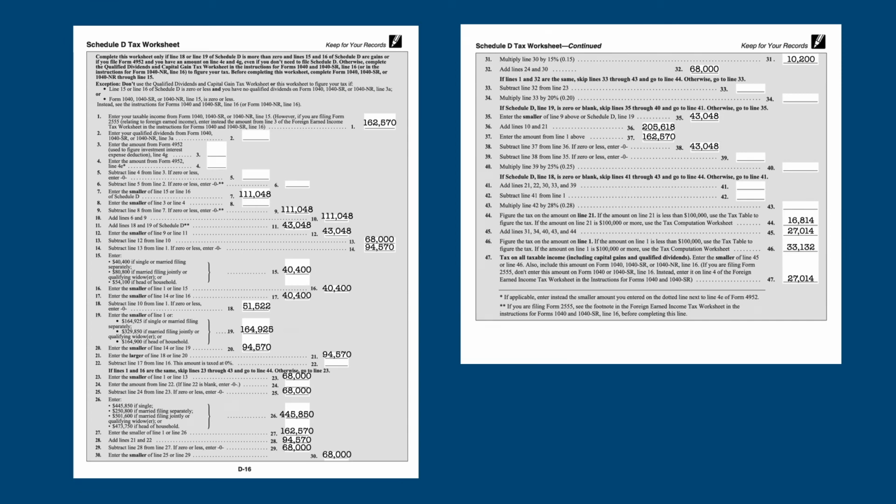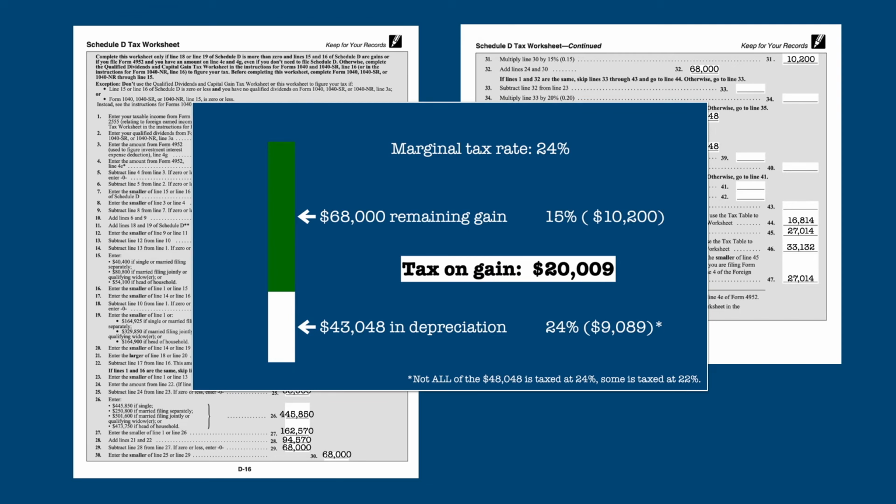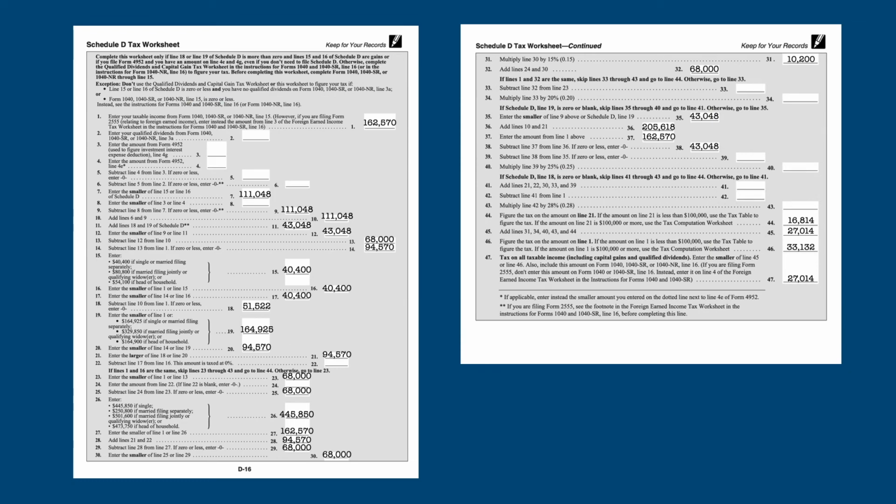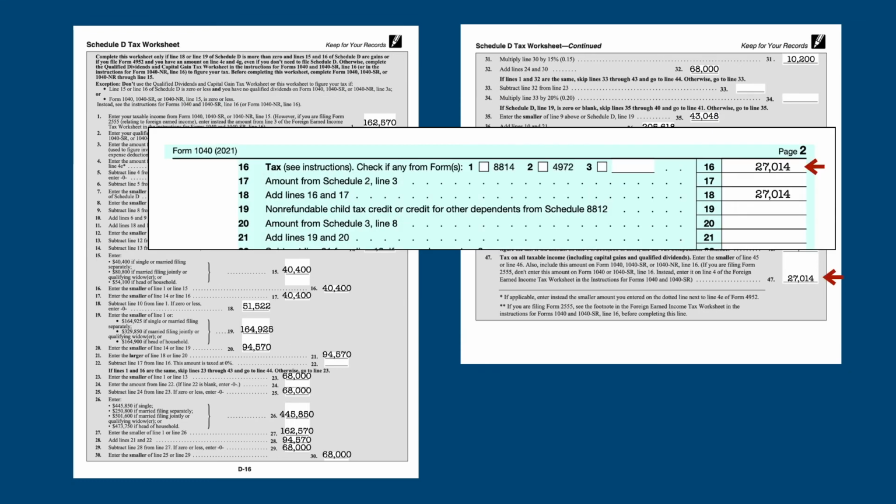I'm not going to go over this worksheet in detail, but it essentially completes this calculation we did before. Christine has $64,072 in income from other sources, and the final figure on the worksheet reflects both the tax on that income in addition to the tax on the gain on the sale of the property we calculated earlier. The result from the worksheet shows up on line 16 of page 2 of Christine's 1040.